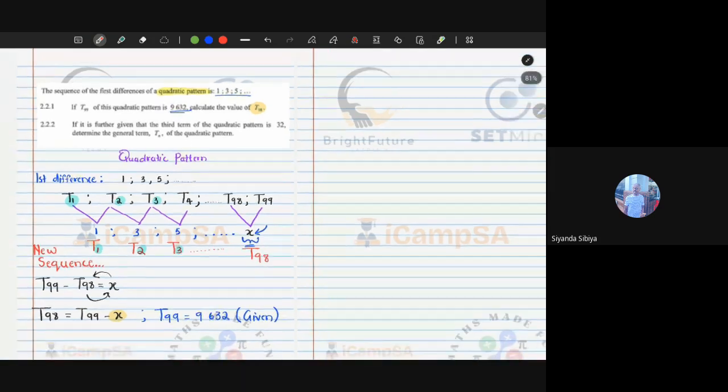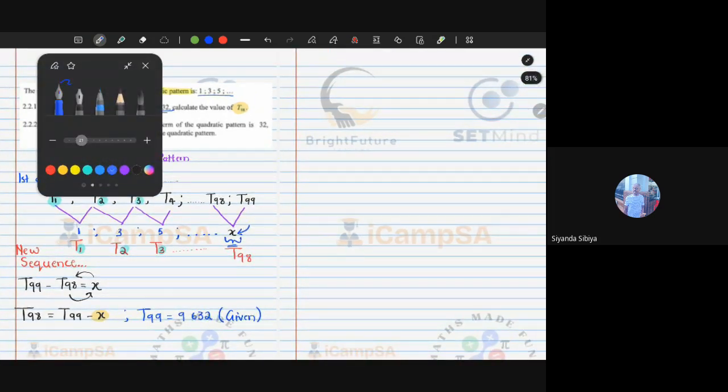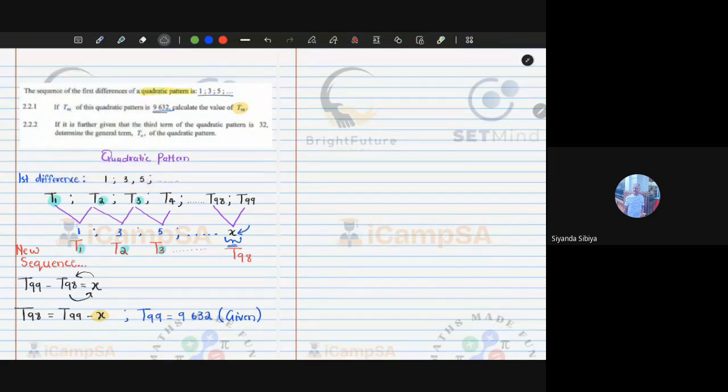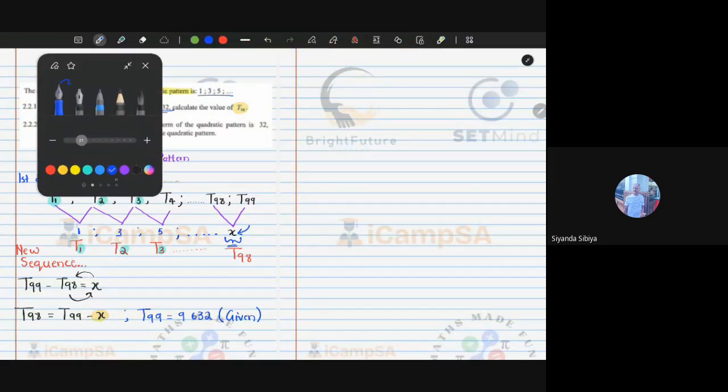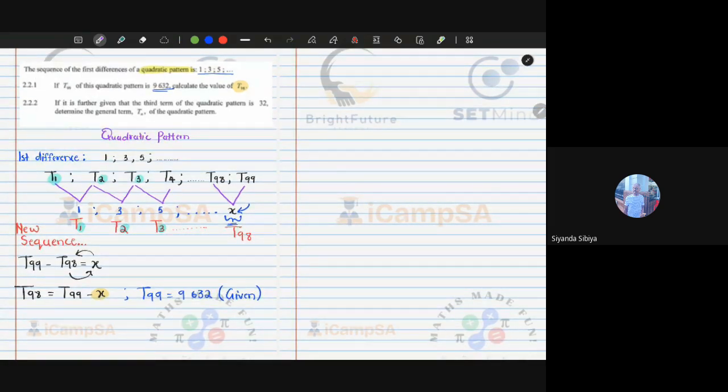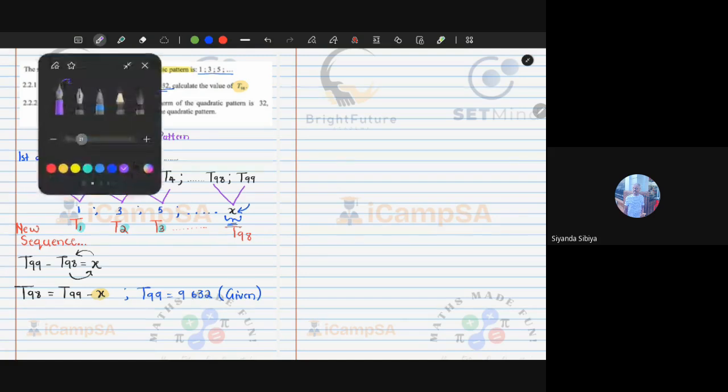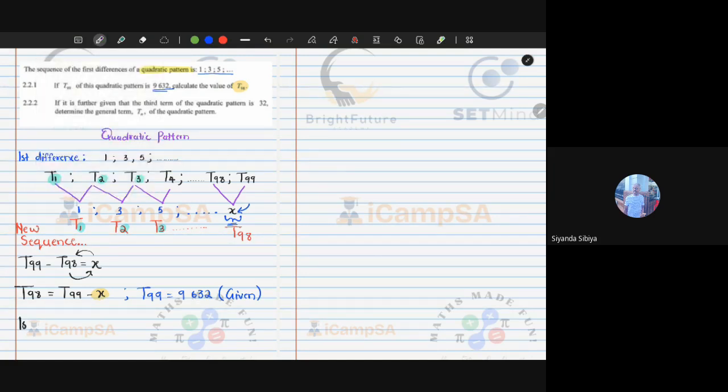Okay. So now all this means is we just need to go and look for term 98, because this first difference here, we know it is an arithmetic sequence. So that is very important. The first difference of a quadratic sequence is an arithmetic sequence.